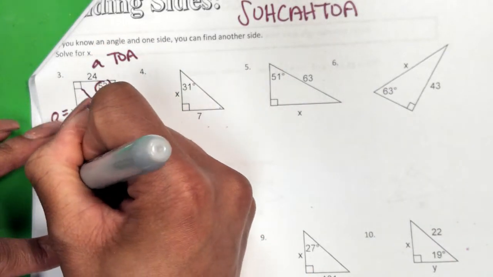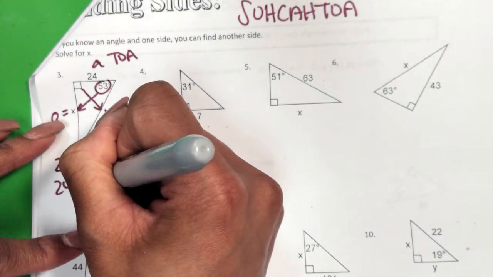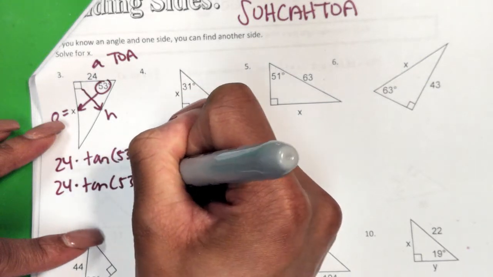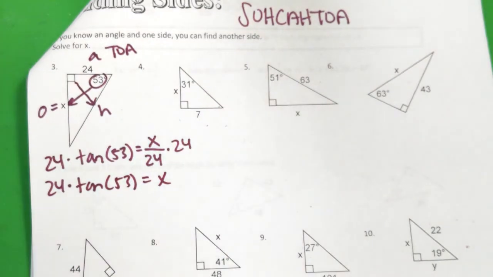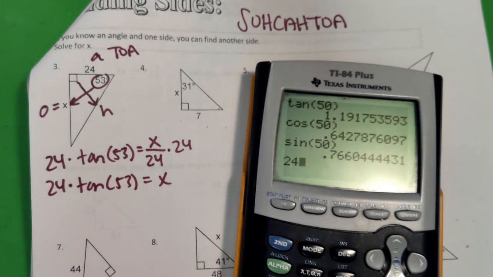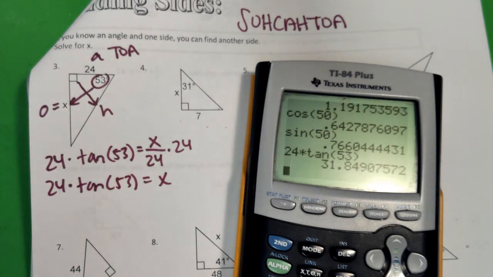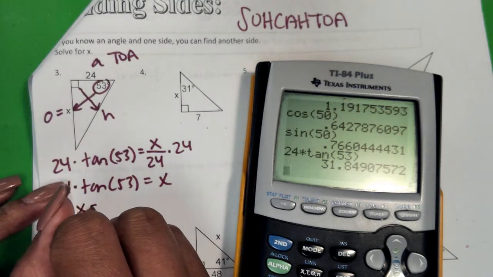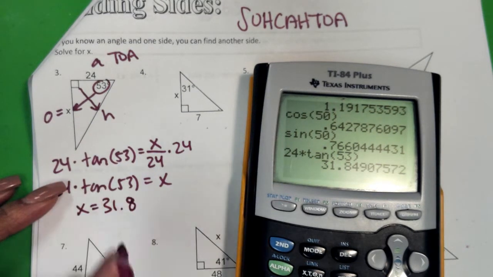So now I have 24 times tangent of 53 equal to x. And if I type this into a calculator, 24 times tangent of 53, I get 31.8. So x equals 31.8.